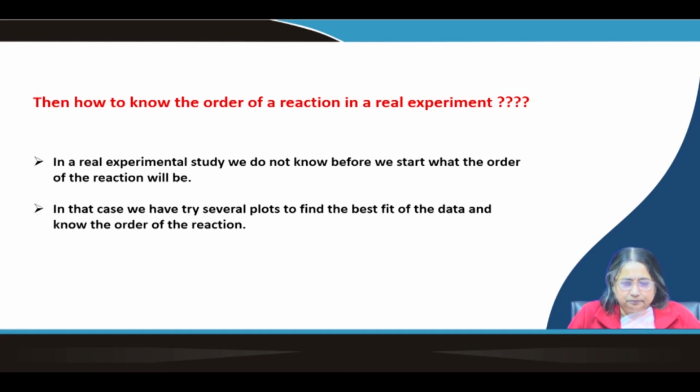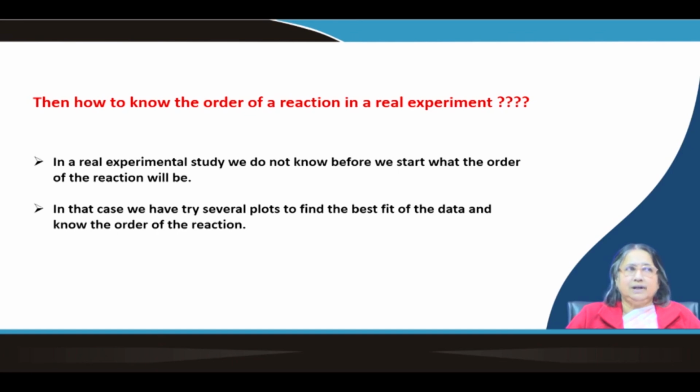In a real experimental study we do not know what the order is, and we cannot speculate either. So how will we determine the order? We have to take the experimental observations and collect the data.